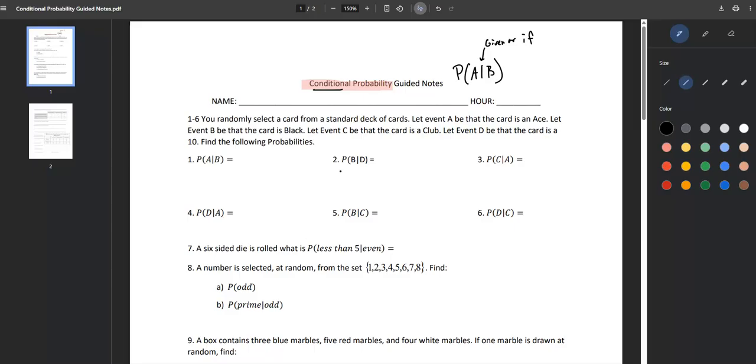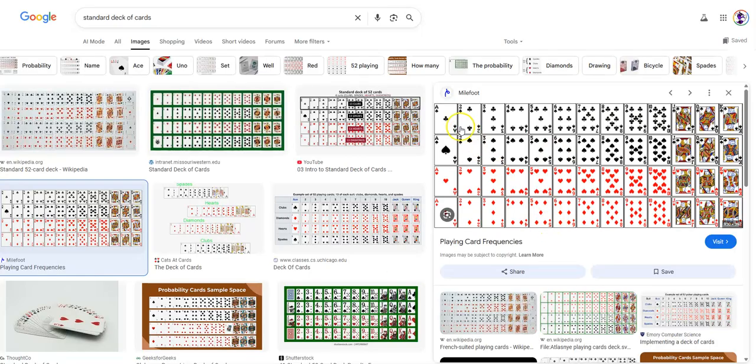So this is asking what is the probability of getting an ace if it is black. I'm only looking at the black cards, and there are 26 of them. I'm wanting to know the chance out of those black cards, so essentially I can get rid of all the red cards right now.